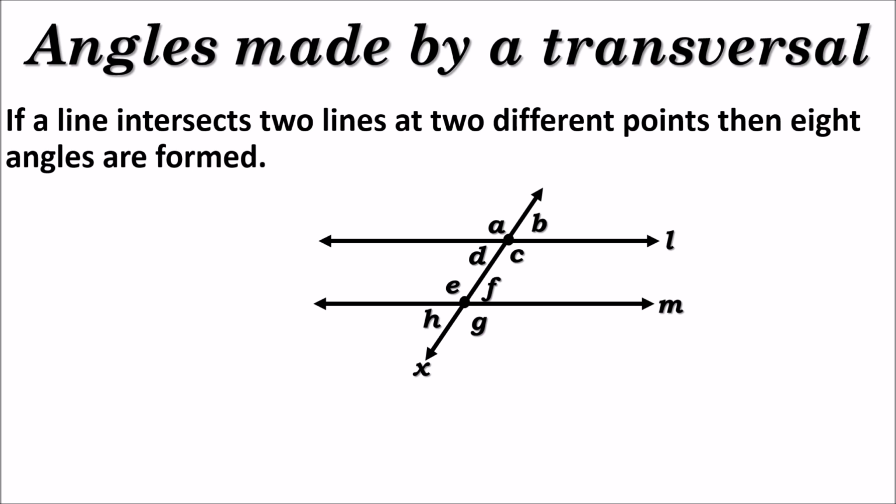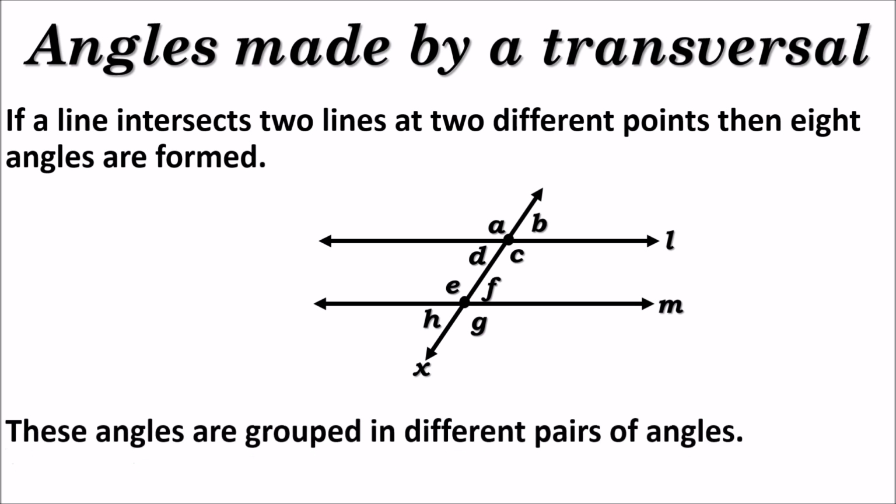Make a note: if any transversal intersects two lines at different points, then 8 angles are formed.